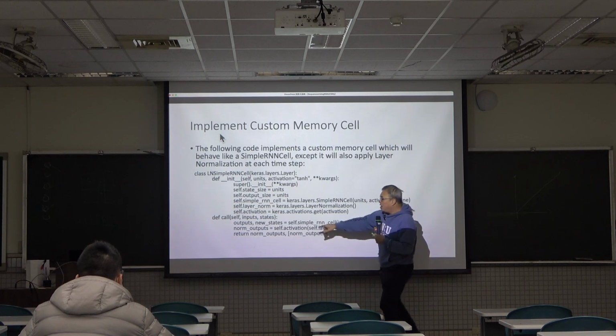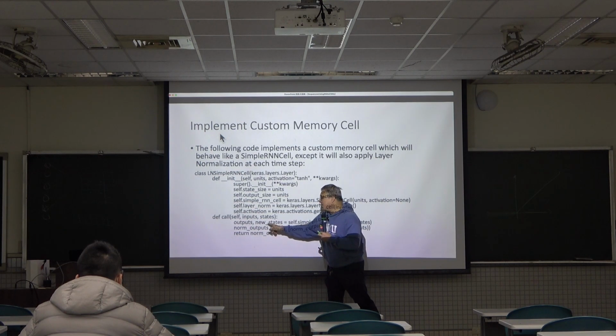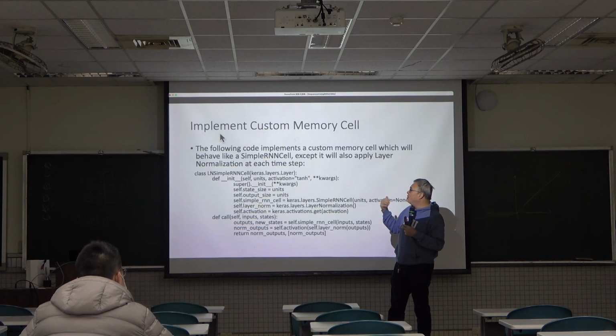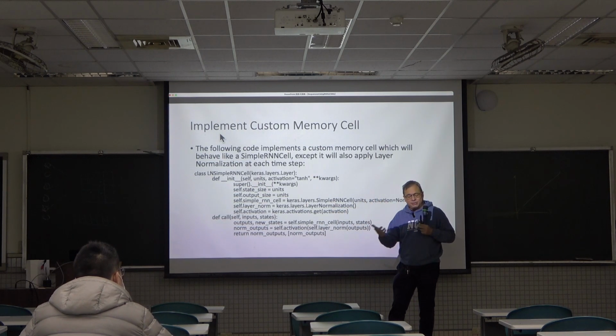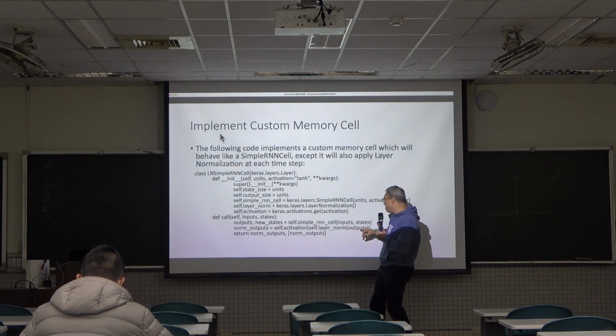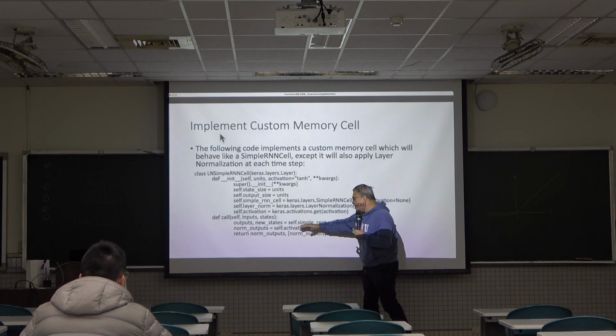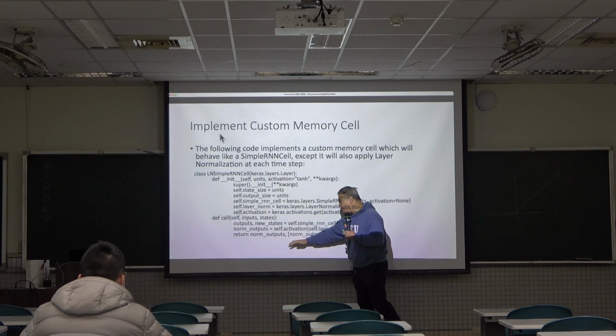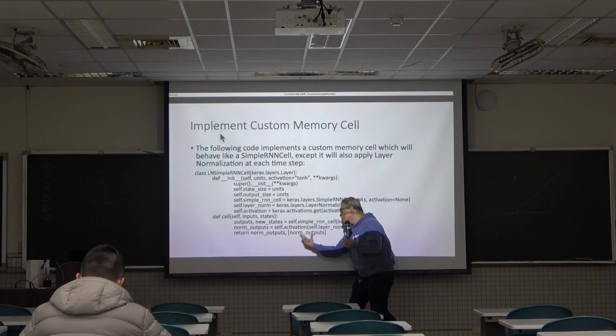By the way, the output and new state are the same, because it's a simple RNN cell. So we apply the layer normalization before we apply the activation function, and then output the same thing twice.